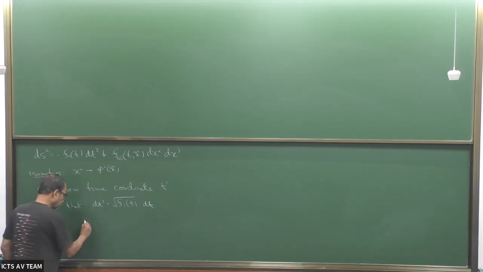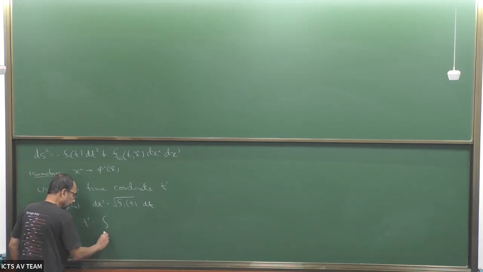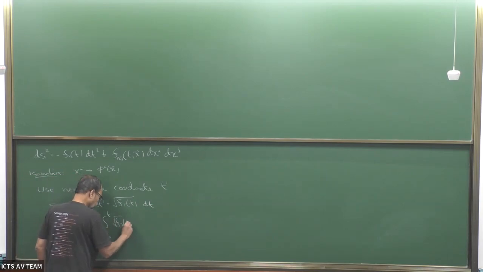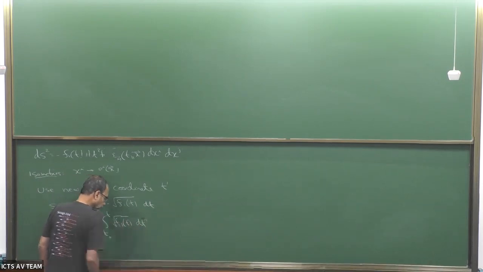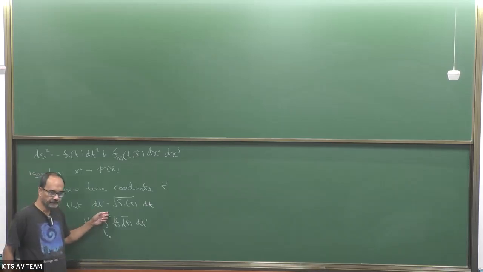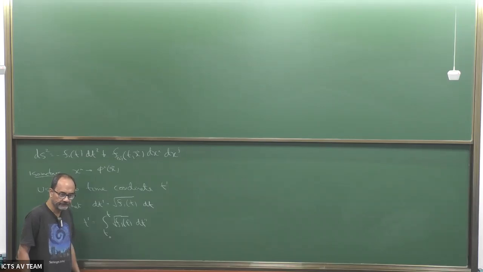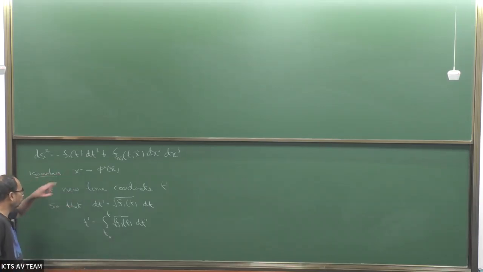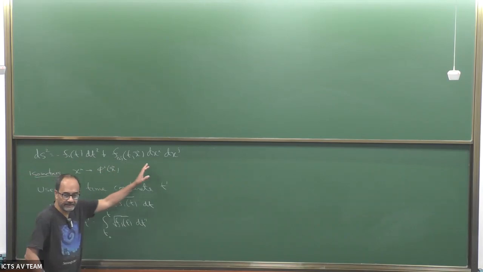If you want to write explicitly, then t' is the integral from t0 to t. So this defines t' as a function of t, up to a shift, because t0 can be changed. And then that basically writes this metric as minus dt' squared plus this, with t written in terms of t'.